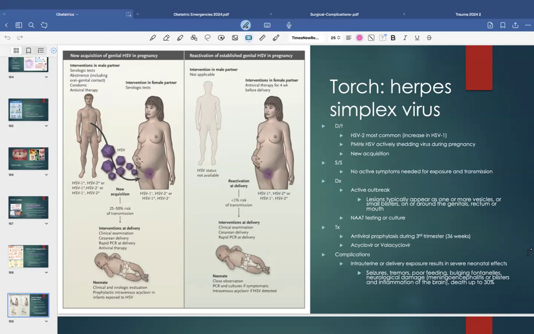If you have an established diagnosis of it, the risk is 1% because of antibodies. So if you get a new diagnosis, that is more dangerous in terms of developing neonatal herpes. So we want to educate moms about risky behaviors if they are at risk.